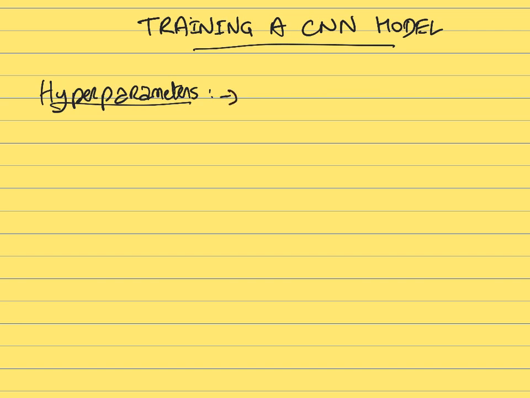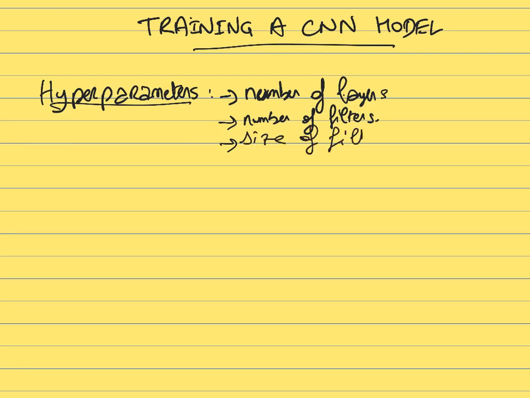In this case, the hyperparameters for a CNN will be the number of layers, the number of times you do a convolution, a max pooling, etc., and the number of filters as well, the number of filters that you apply on each of the layers, the size of the filters, whether you are going to do some filter of 2x2, 3x3, 4x4, etc. So those are all parameters that are not going to change during the training of the model.